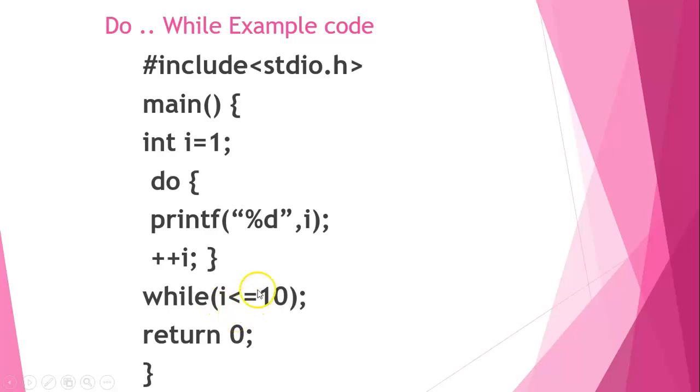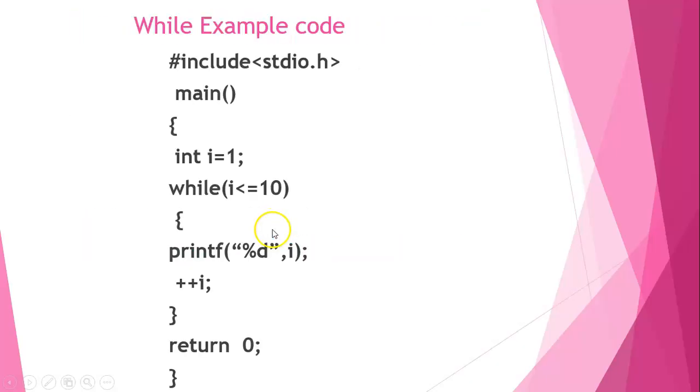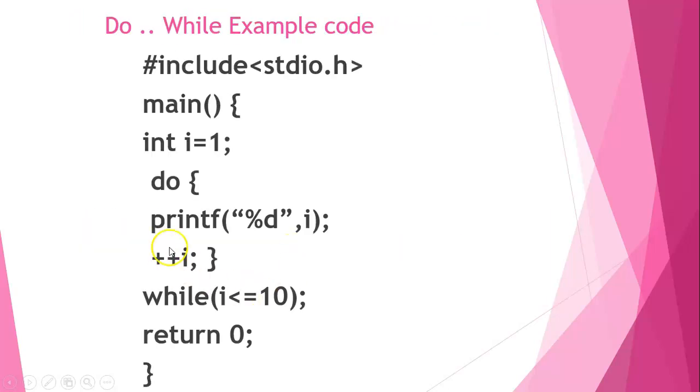But on the other hand, if the condition is not true, there was not going to be any execution in this code here for the while. If this is not true, the execution here will not be done at all. But on this other end, even if this one is not true, there will be at least one run.